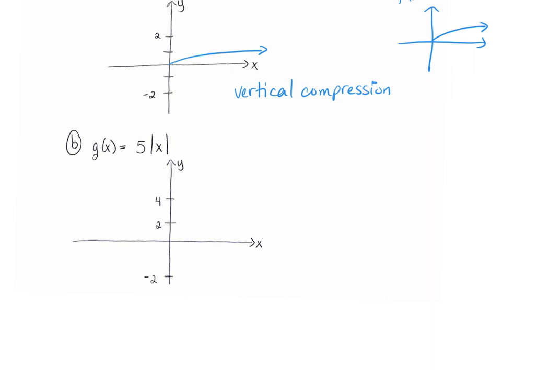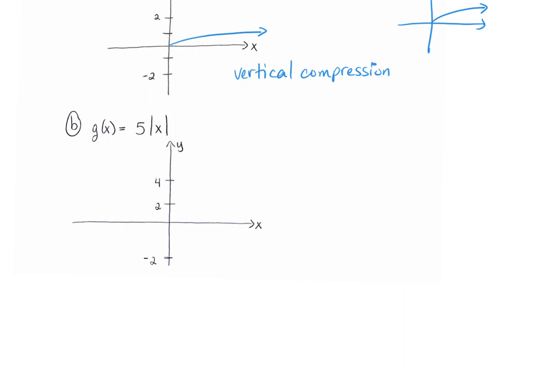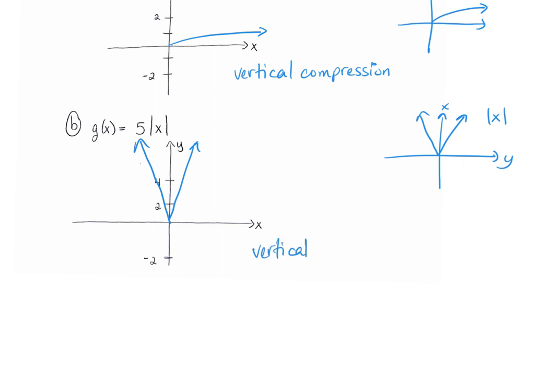It's a V. Good. It's going to stretch. Stretch how? It becomes narrower, right? So it's a vertical stretch. It becomes narrower. Very good. Vertical stretch by how many? Good.